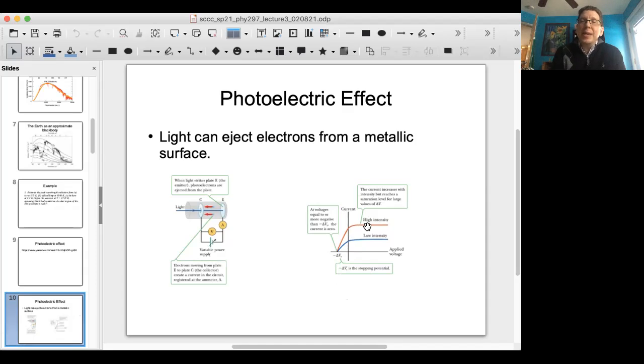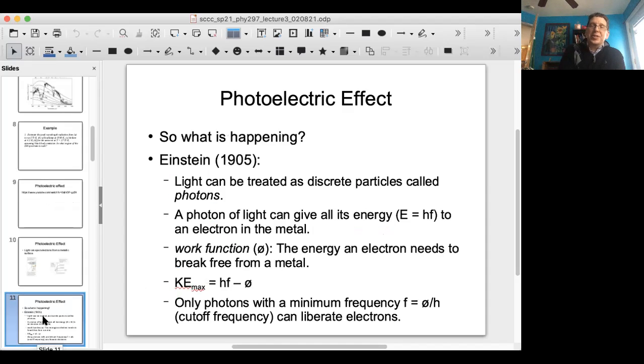So what does that mean? Well, it means there's a minimum energy that's needed to eject the electrons. And Einstein was able to explain that. So light can be treated as discrete particles called photons. A photon of light can give all its energy to an electron in the metal. But there is a work function, which is the energy an electron needs to break free from the metal.